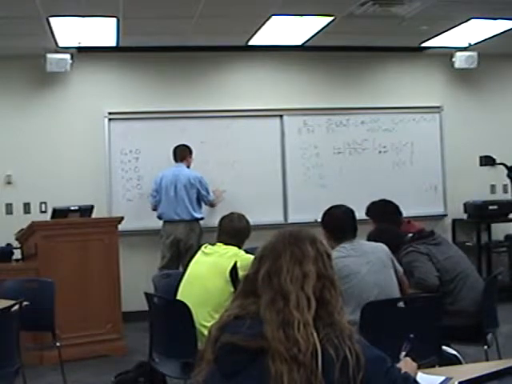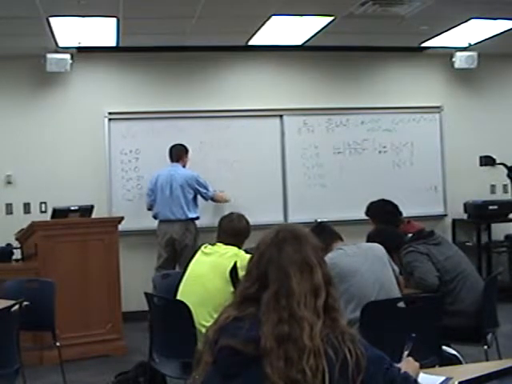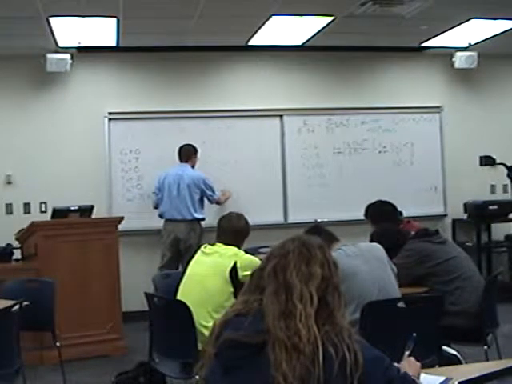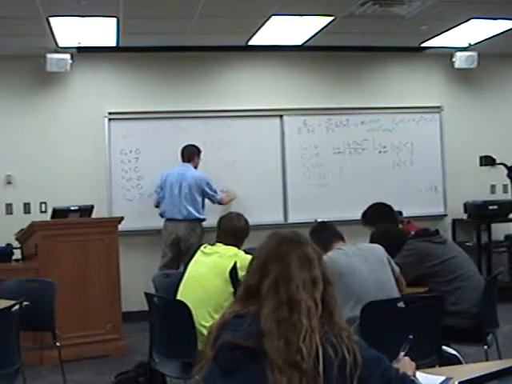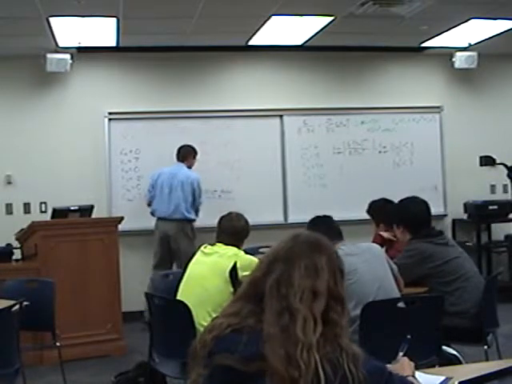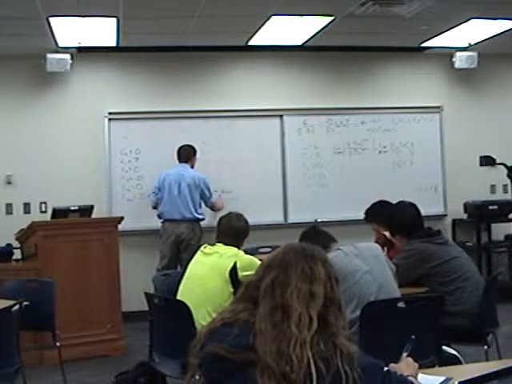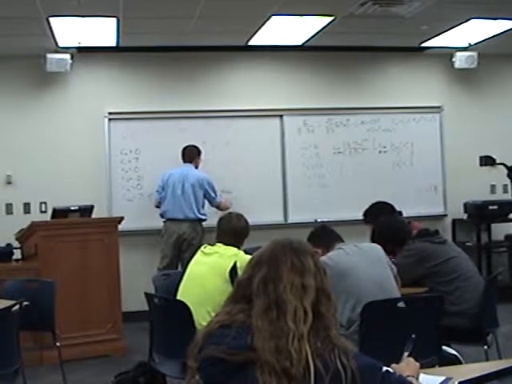Oh, plus 1. That's actually going to be what? n plus 1 is going to replace n. All over 7 times negative 3 to the n, x to the 2n plus 1.